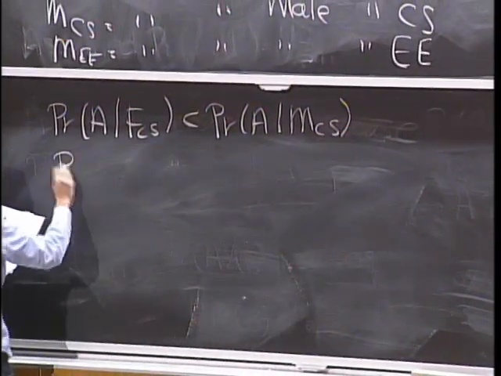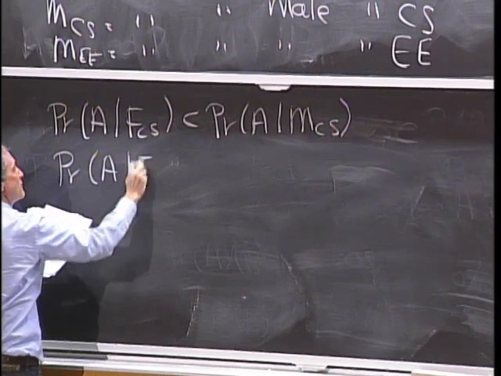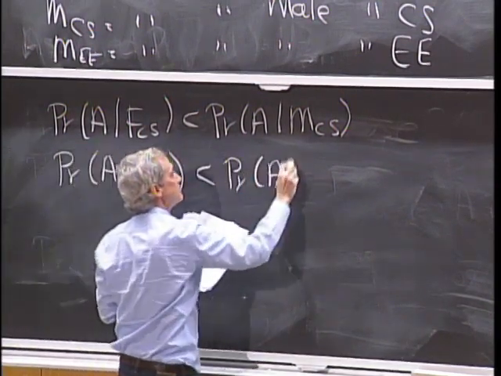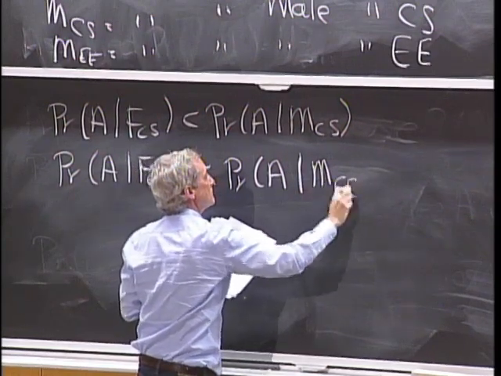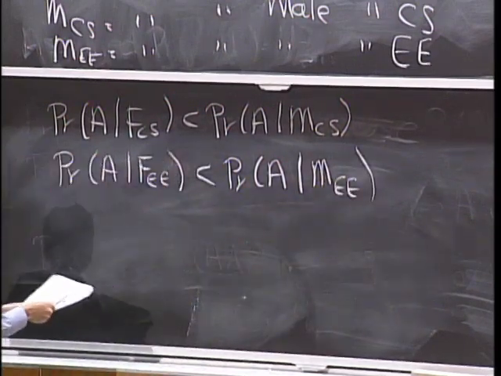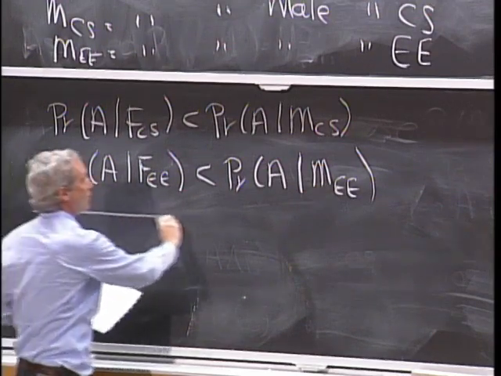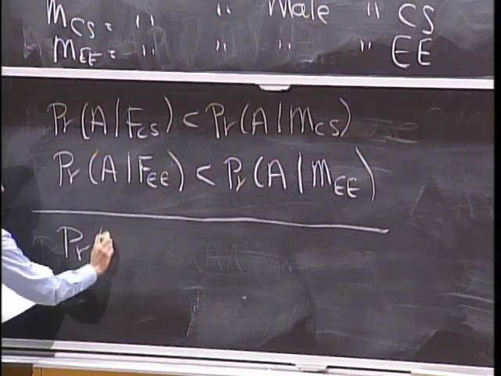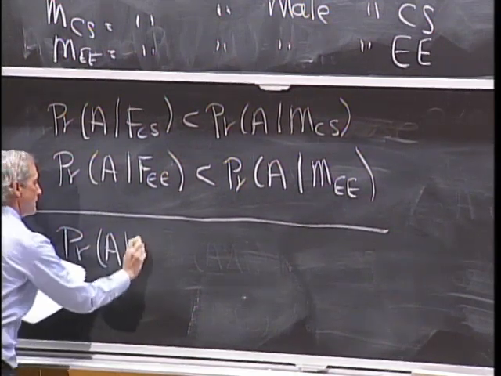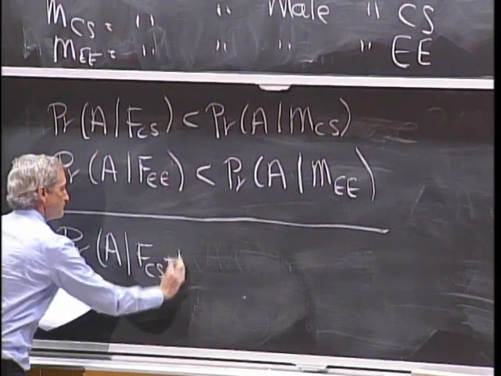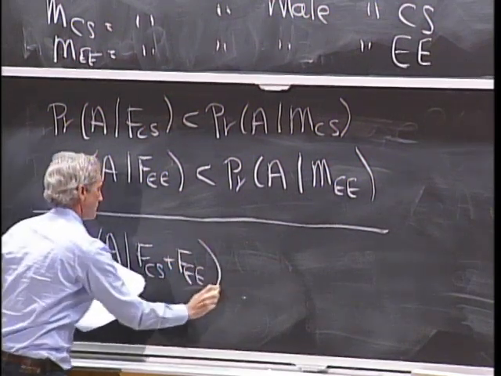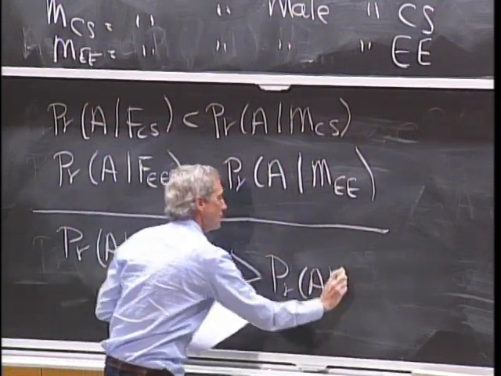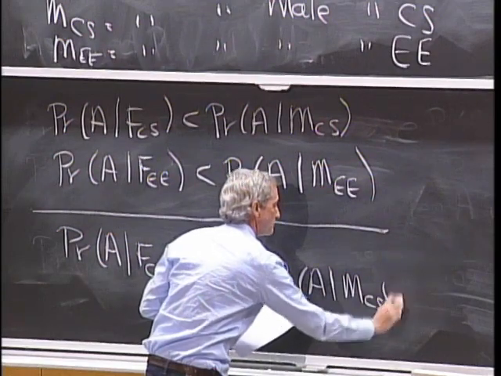And same thing in EE. Probability of being admitted in EE, if you're a female, is less than if you're a male. Okay. Now, Berkeley is saying sort of the reverse. The probability that you're admitted, given that you're a female in either department, is bigger than the probability of being admitted if you're a male in either department.